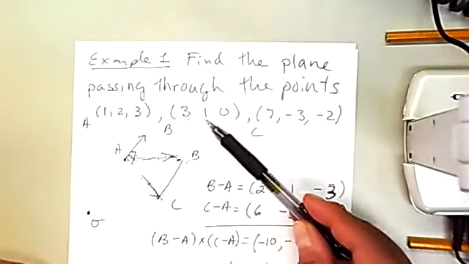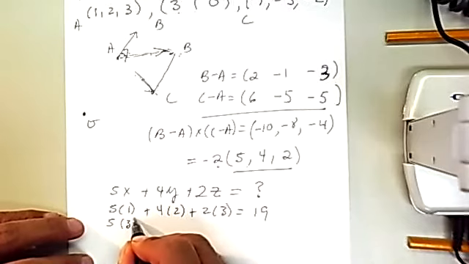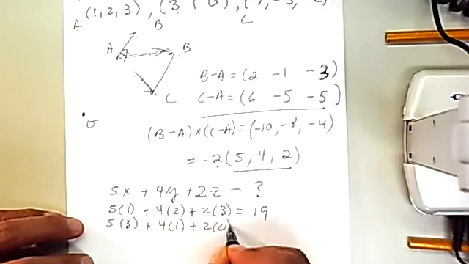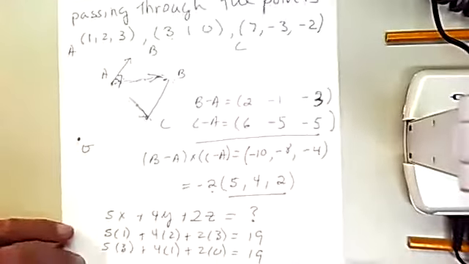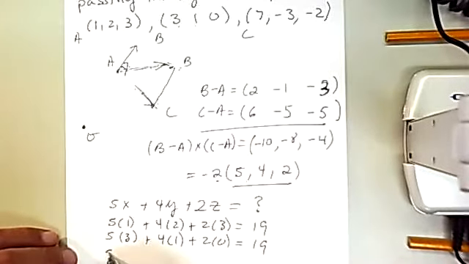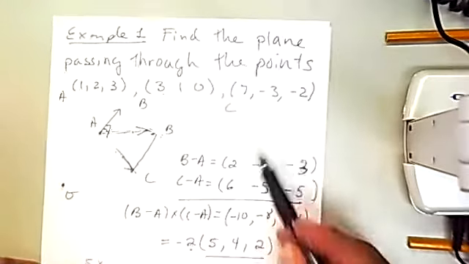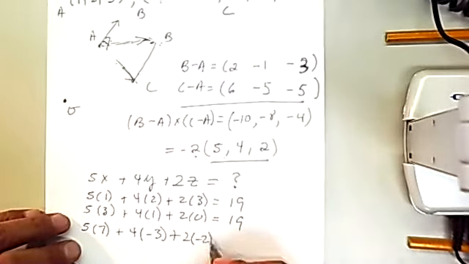If we plug in 3, 1, 0 with the same coefficients, 5 times 3 plus 4 times 1 plus 2 times 0, 15 plus 4, 19. So it checks with 2 of the points, might just as well check with the last one. 5 times 7 plus 4 times negative 3 plus 2 times negative 2.